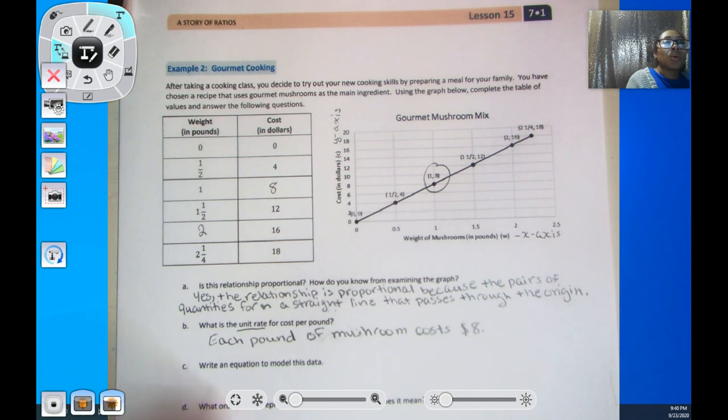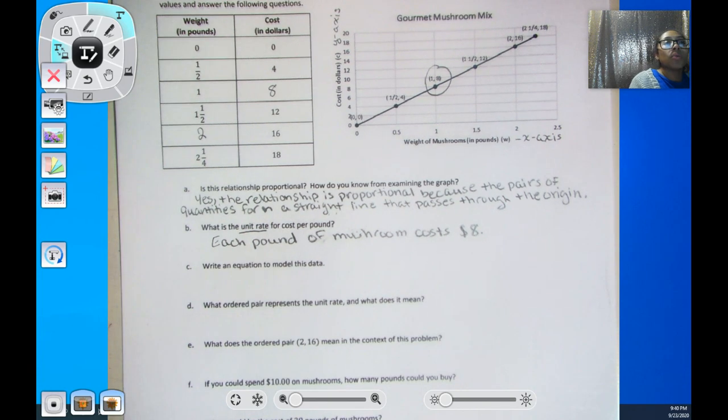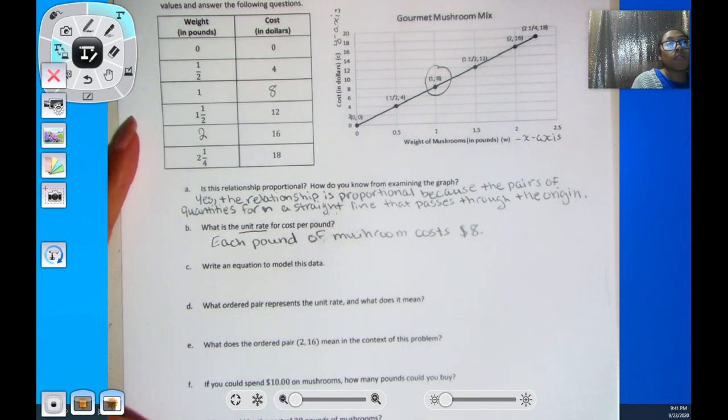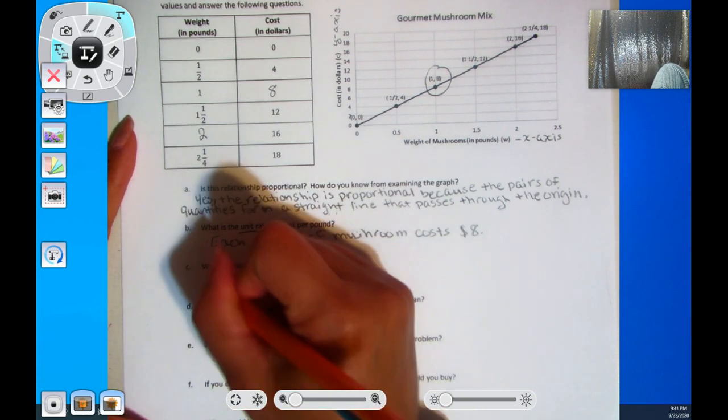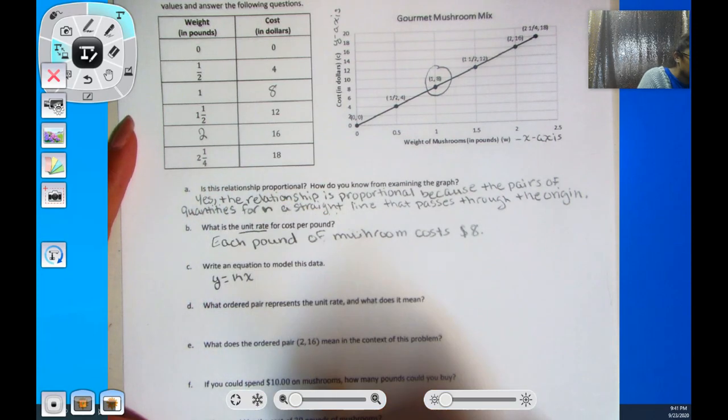Now it's asking us to write an equation to model this data. I know that the generic equation for a proportional relationship is y equals k times x.